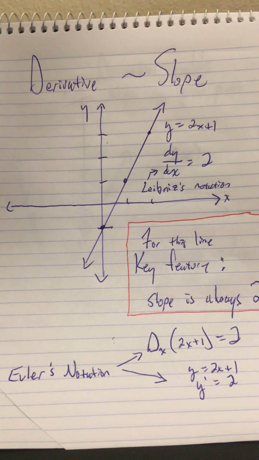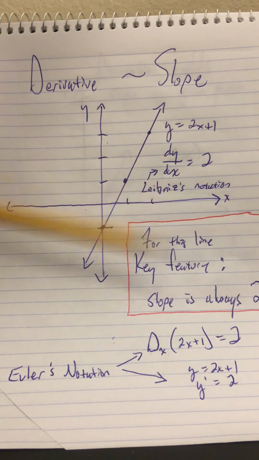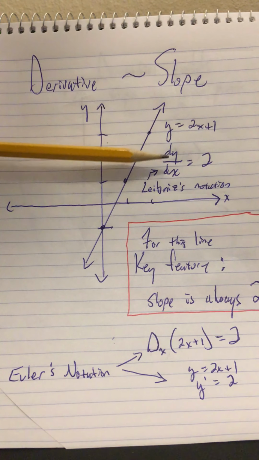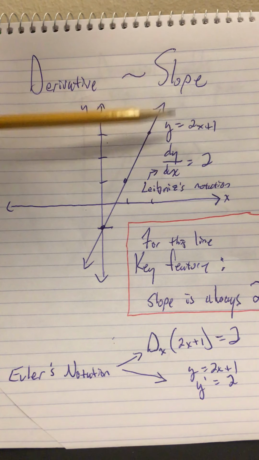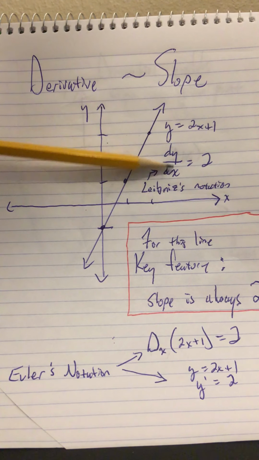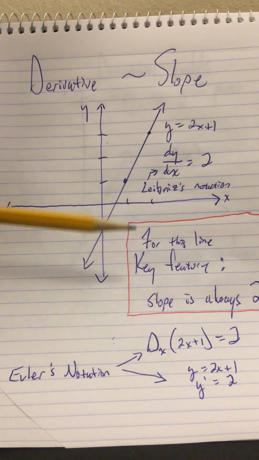Now Leibniz used this notation, and we're going to discuss later in the course why this notation, while not as handy, not as quickly written, is genius. We'll talk about that later. But this notation, dy dx, is another notation for the derivative of y with respect to x, much like this is the derivative of this with respect to x.